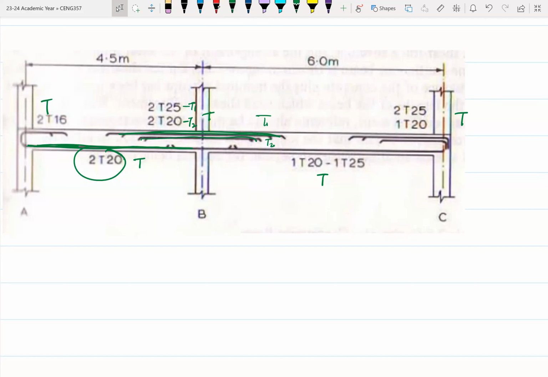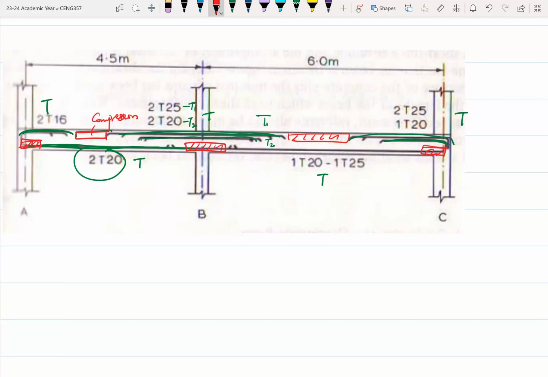You can also see something very similar over here, and again at the base. Somewhere in here you have compression. So it's possible that this particular structure does not need compression reinforcement. Here at the base also, you have compression reinforcement. So these are the zones that need compression reinforcement.